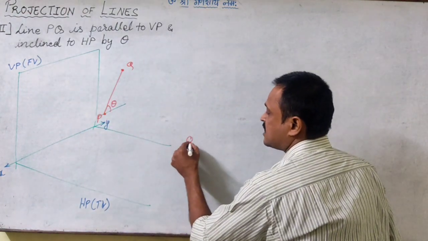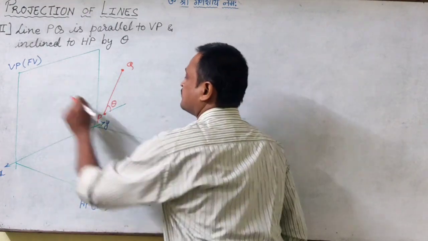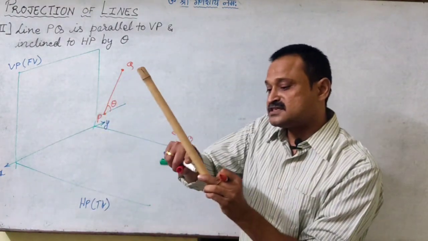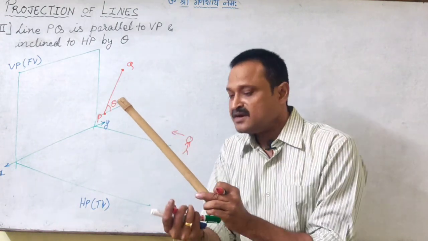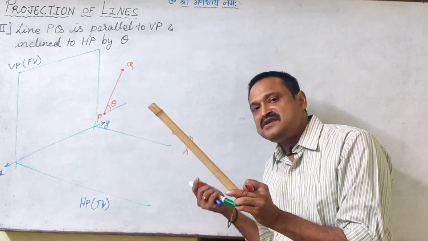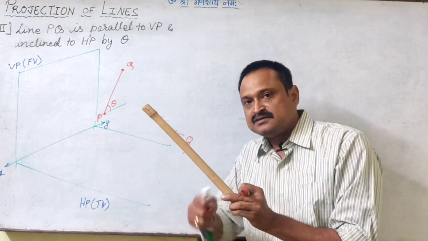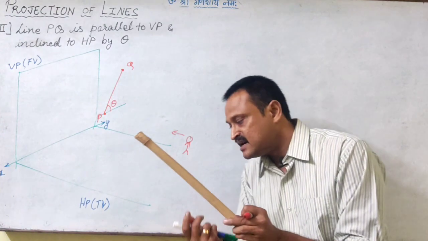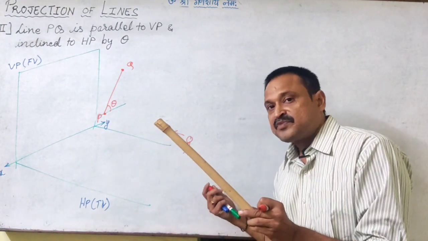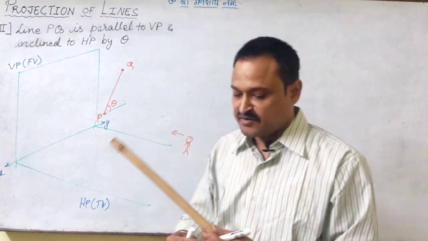When we are looking at it from the front, we are able to see this inclination. The inclination is with HP, so that is visible in VP. So theta, which is the true inclination of the line, is available in the VP, that is, in the front view.